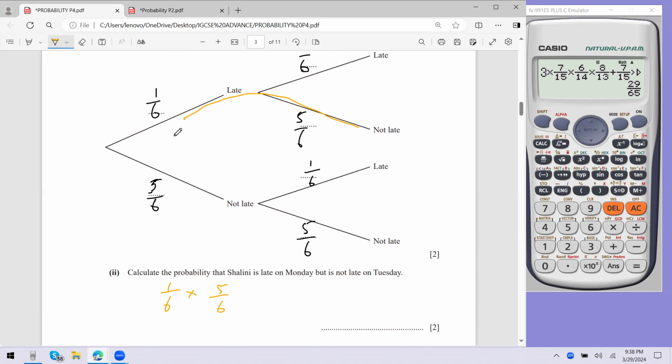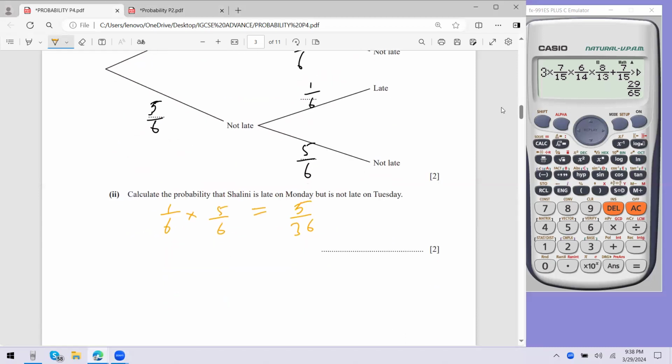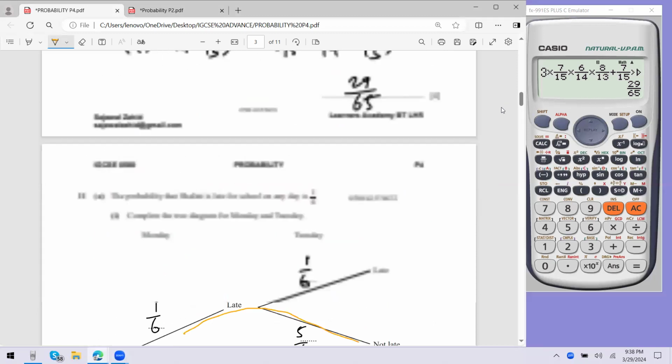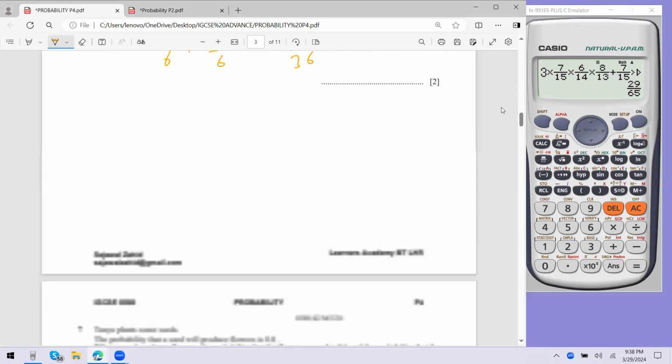Okay. And when you follow different branches, you need to add the probabilities. So that is 5 over 36. Any questions? Yeah, that's it for that question. Okay. We can move to the next.